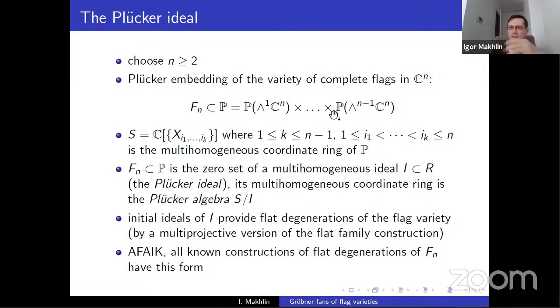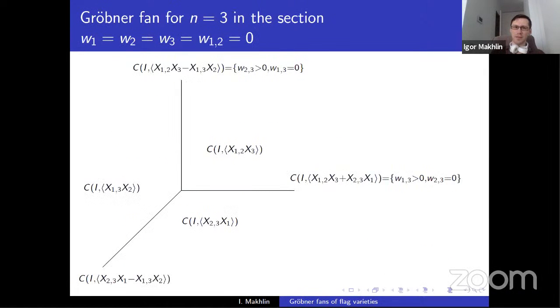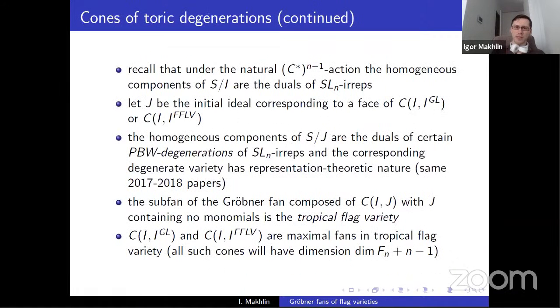You can multiply all the coordinates in one of the factors by the same number. So the ring is acted upon by the torus, and obviously the ideal is multi-homogeneous, so it is invariant under this action. This means we have an action of the torus on our Plücker algebra, on the coordinate ring of the flag variety.